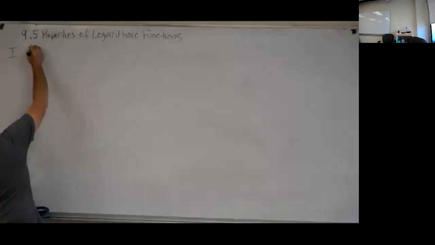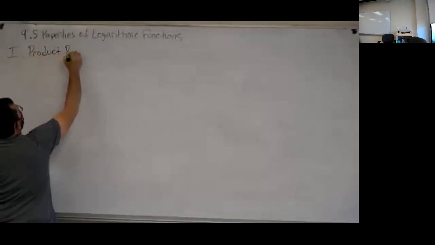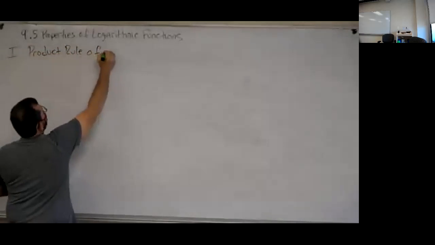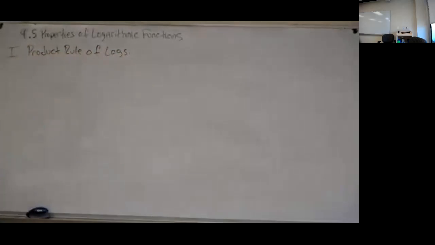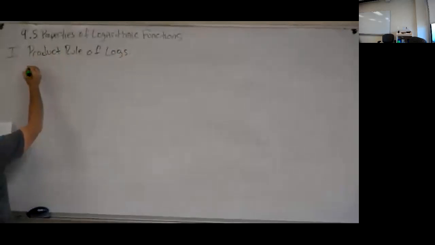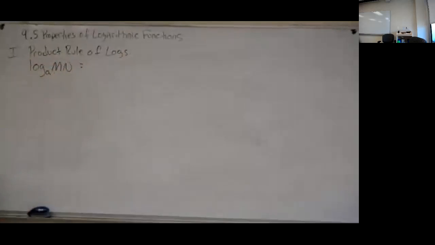So I've got the product rule of logs. The product rule tells me that if I got a log of a product, the log of a product can be written as a sum of the two logs.